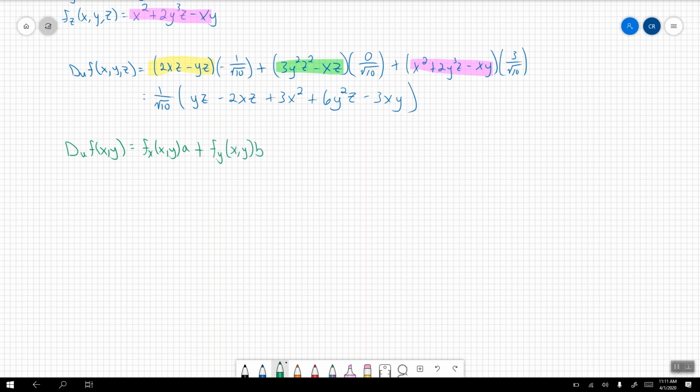Alright, so now for the purposes of this example, I'm going to condense this just a little bit more. Instead of just writing out the function of x and y, I'm going to condense it into shorthand notation and just write this out here.